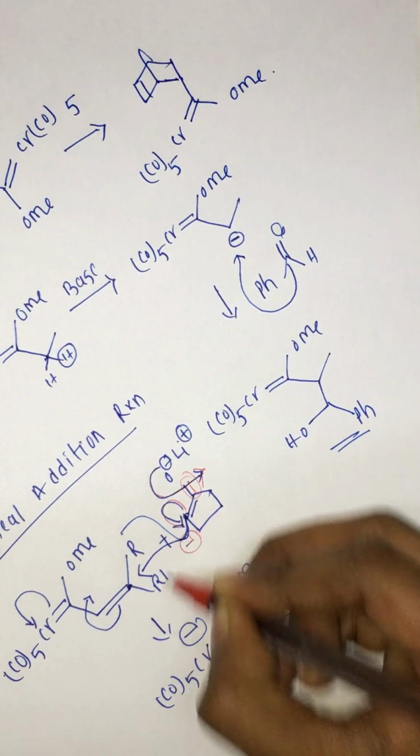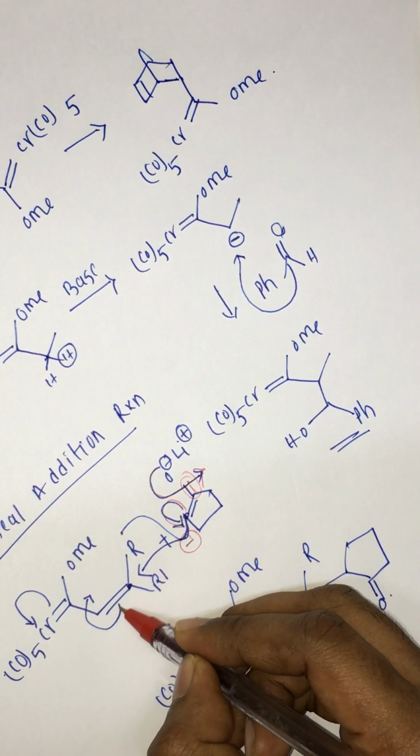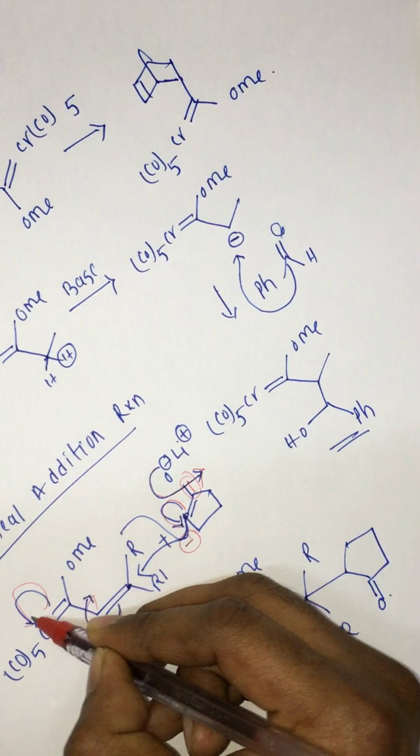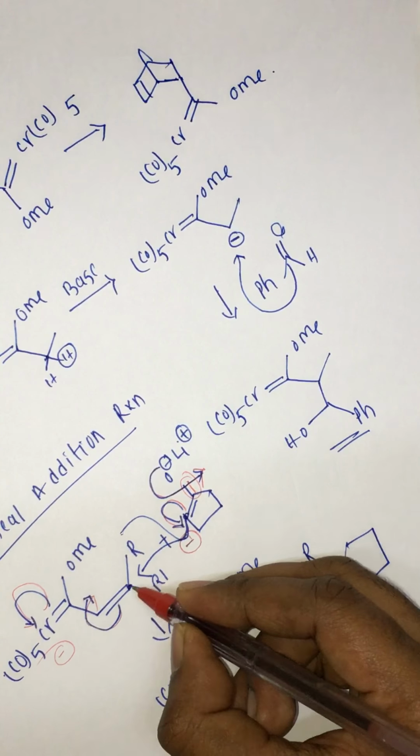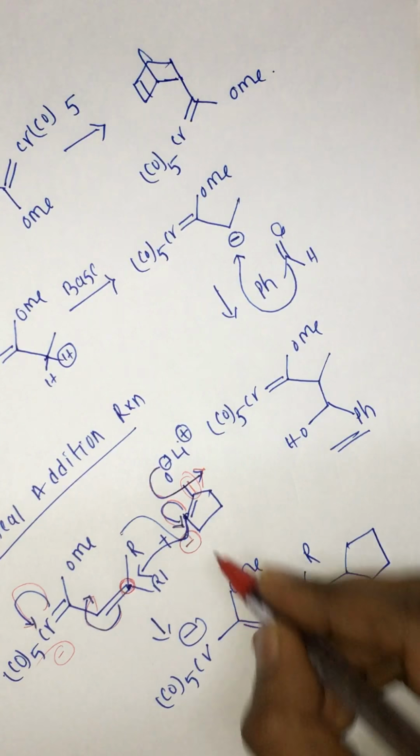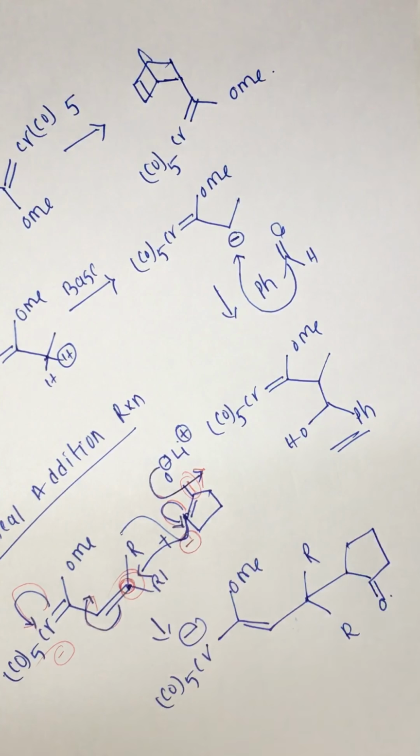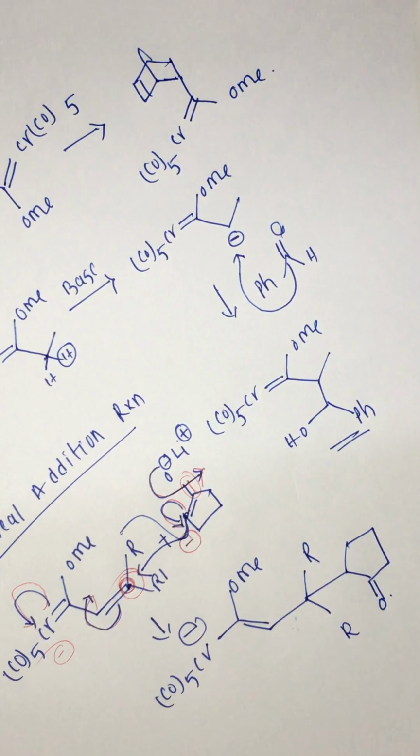So here negative charge comes, and here also polarization will be towards this side, and on chromium we will get a negative charge. Since it is electrophilic in nature, this nucleophile goes and attacks this carbon. So this is about the Fischer carbene. Thank you.